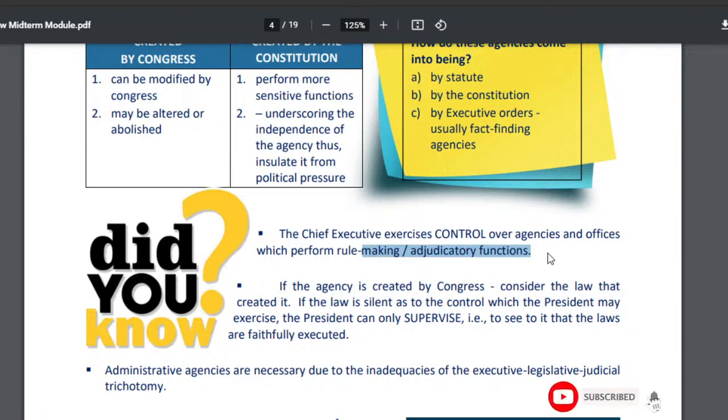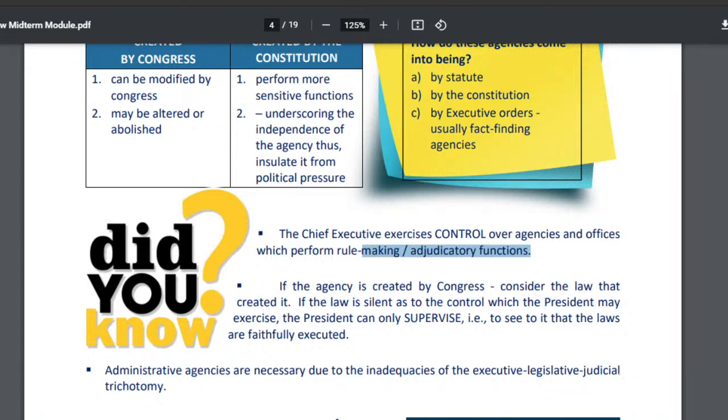If the agency is created by Congress, of course, you have to consider the law that created such agency. If the law is silent, again, if the law is silent as to the control which the President may exercise, then the President can only supervise, okay? Maka-supervise ra gyud si President, dili siya pwede mag-control ana nga mga ahensya.